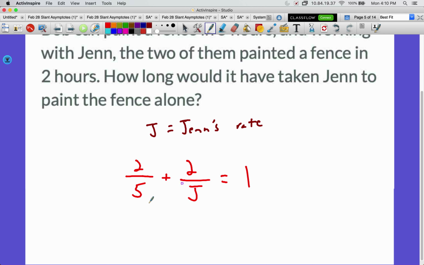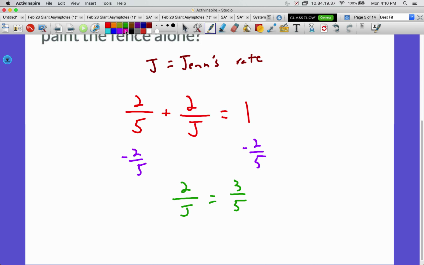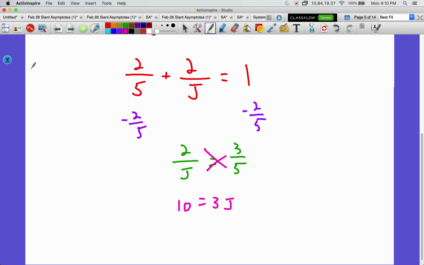All right, now this can be solved by first subtracting 2/5 from both sides, and we get 2 over Jen's rate equals 3/5, which is how much of a fence we said she built. We can cross multiply this if we want. 2 times 5 is 10. J times 3 is 3J. And then divide both sides by 3.